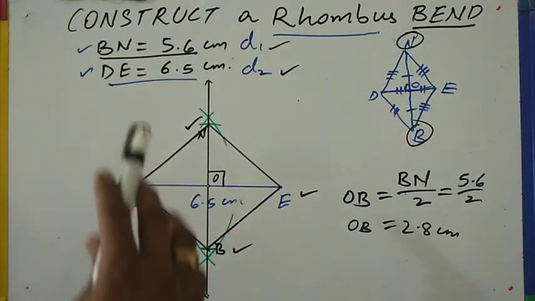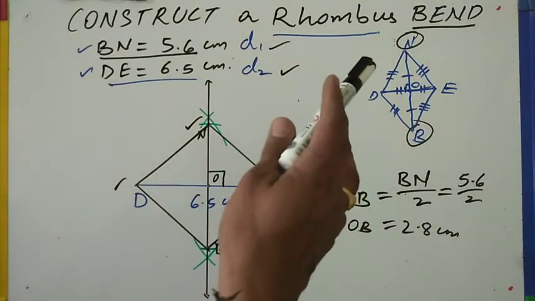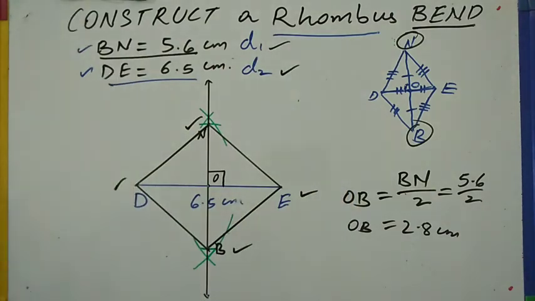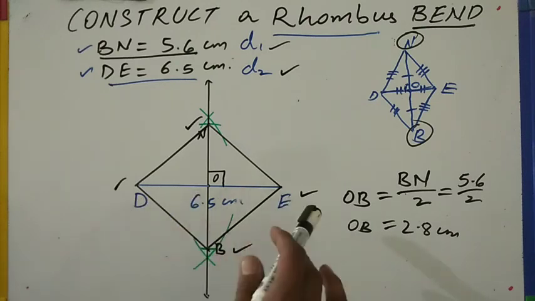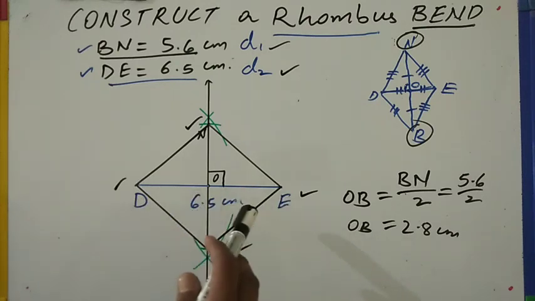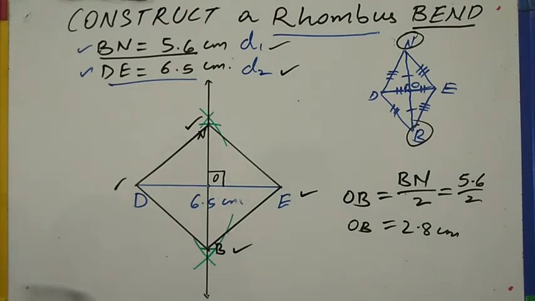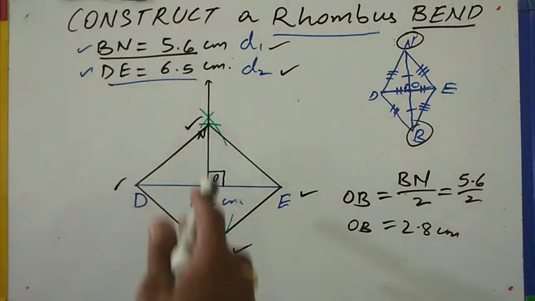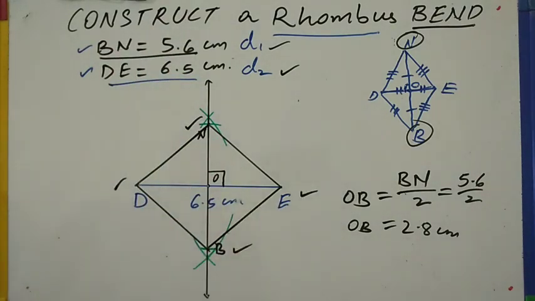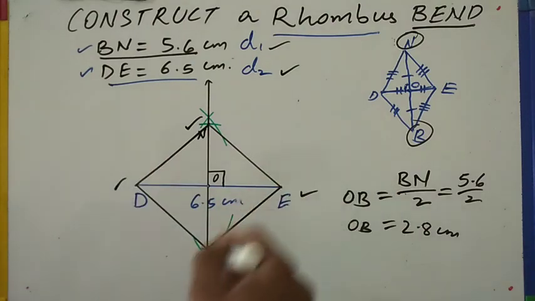First, in the rhombus, two diagonals are given. One of the diagonals is to be taken as base. Draw DE of measure 6.5 centimeter as base using a ruler. That is step 1. Step number 2, using a pair of compasses, draw the perpendicular bisector of DE.